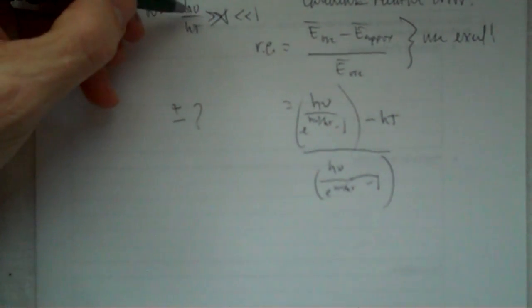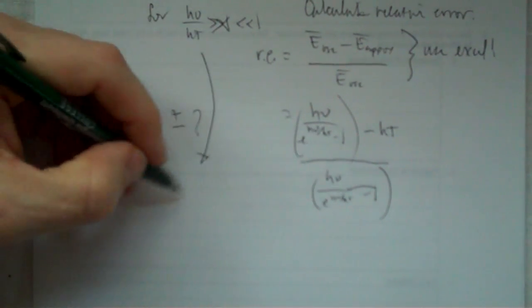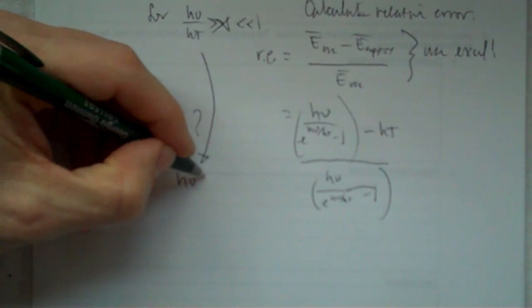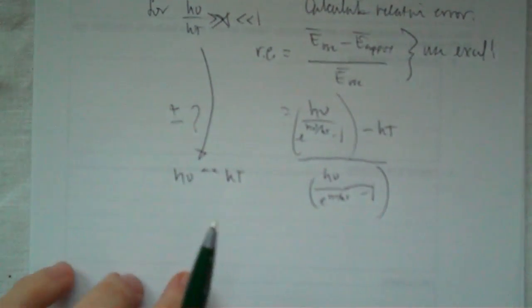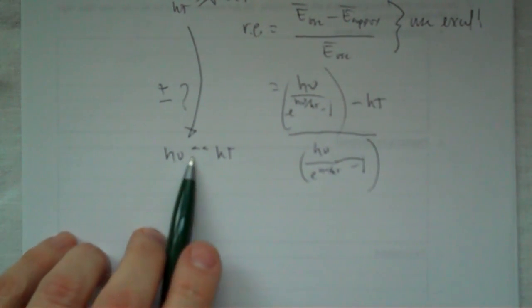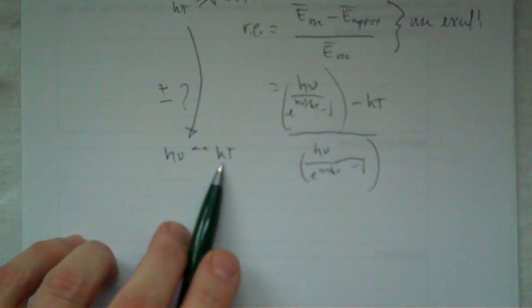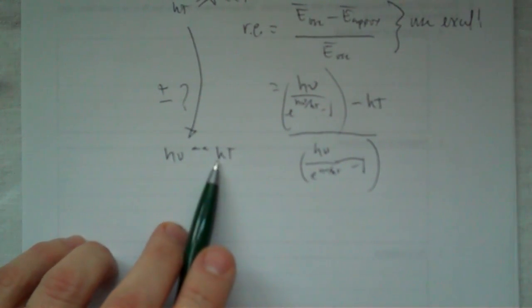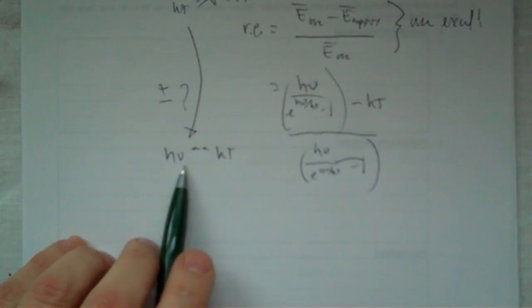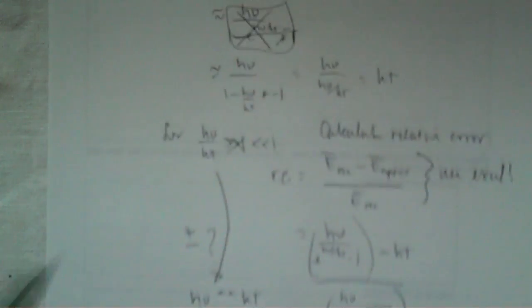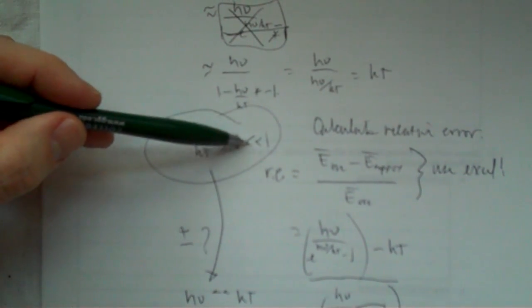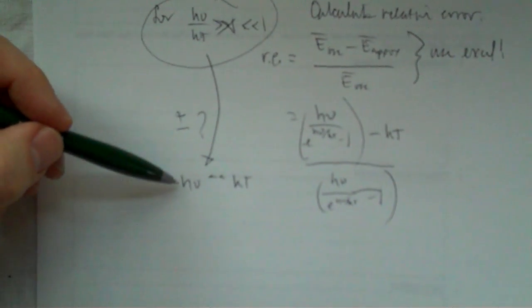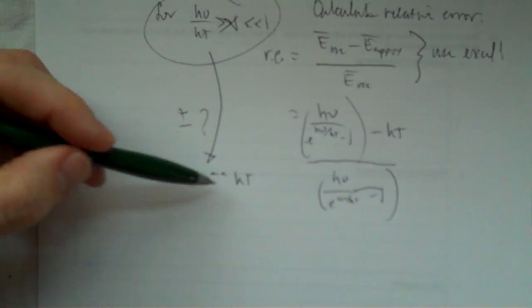Alright, so in order to approximate that, I'm going to rework it. This is going to end up being h nu, then it's much less than, I multiply both sides by kT. This is greater than or less than signs, but these switch around if one of these is negative, but this can never be negative. That's temperature, which can never be negative, and k is a constant. So what this approximation means, if this is a small ratio, much less than 1, basically close to 0, is that h nu is much less than kT.